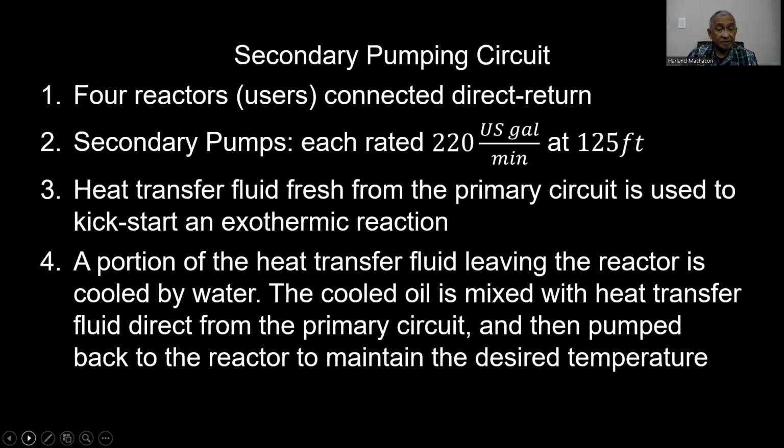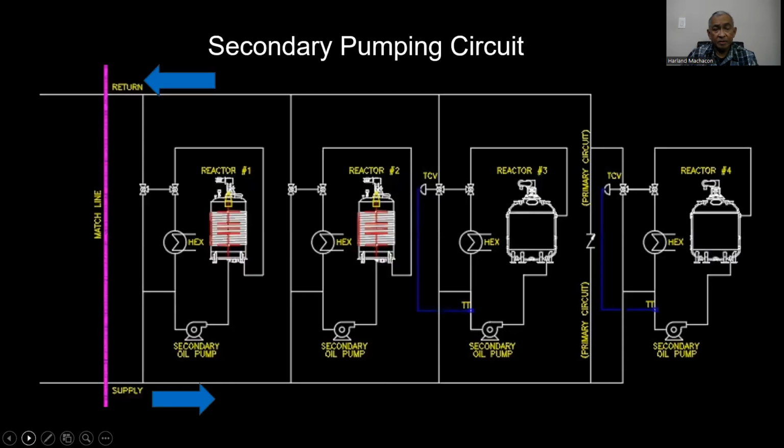Let us examine closely the pumping circuit during the heating mode in the piping and instrumentation diagram. Here on the left side of this match line, we have the supply line coming from the primary circuit, and here we have the return line going back into the oil heater.